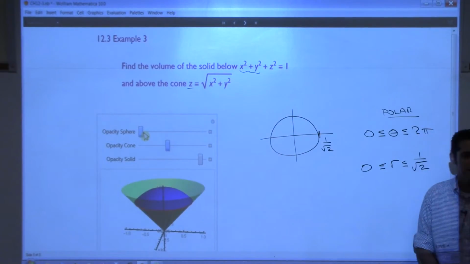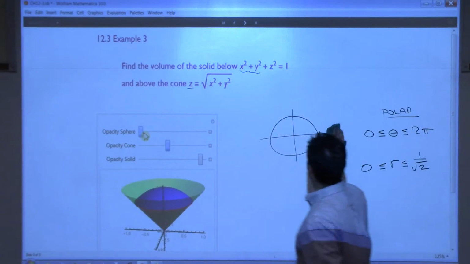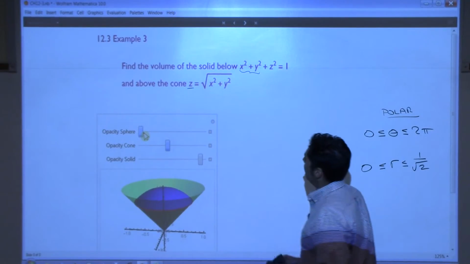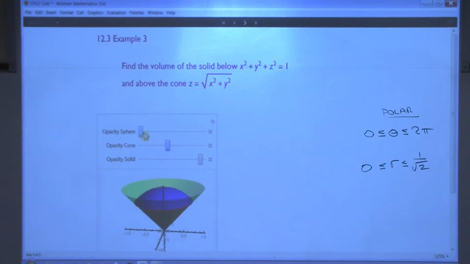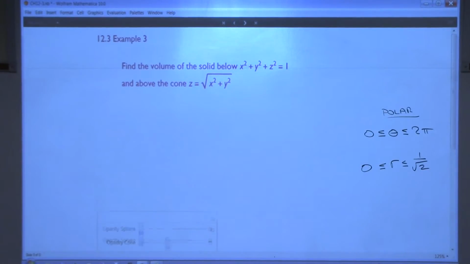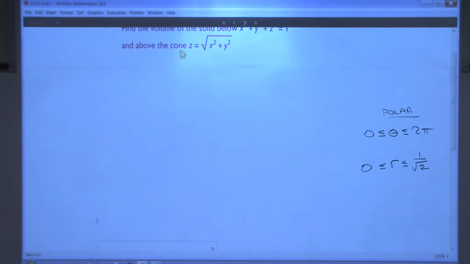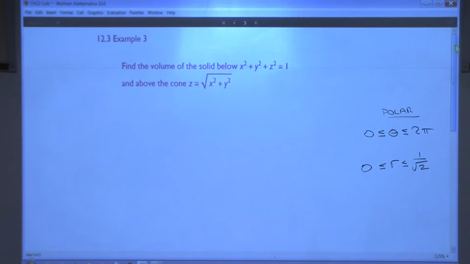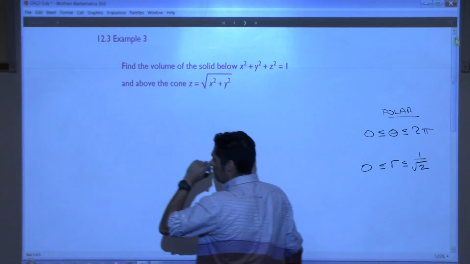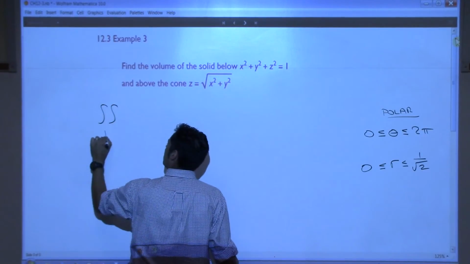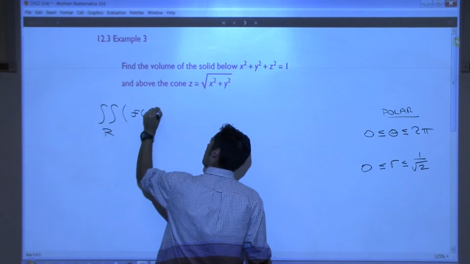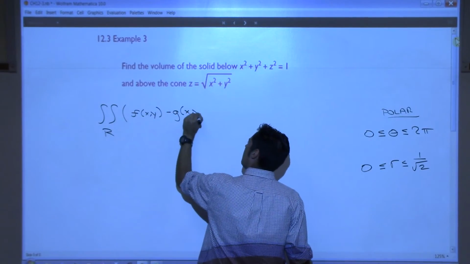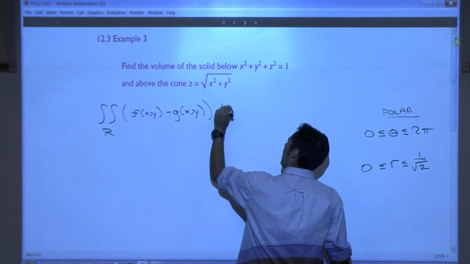So I'm going to set up my double integral. I want you to pay close attention here. I'm trying to set up the double integral over some region R of f of xy minus g of xy dA.